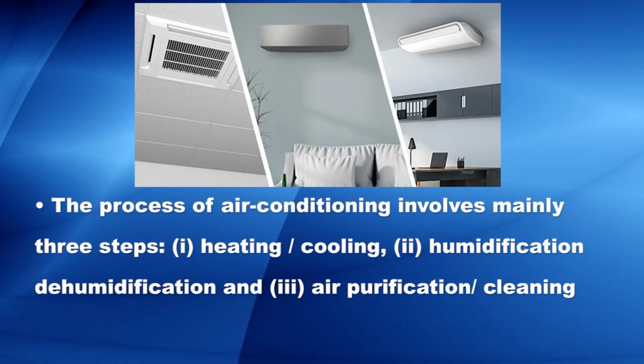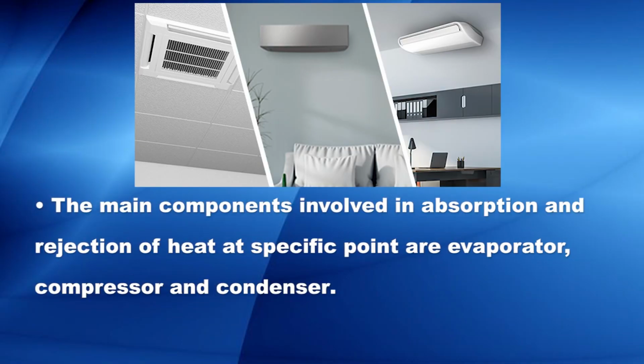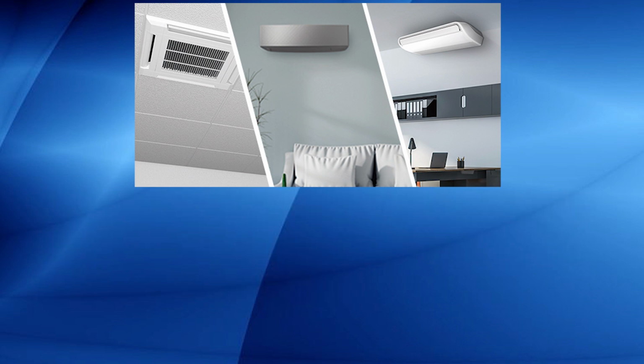The process of air conditioning involves mainly three steps: heating or cooling, humidification or dehumidification, and air purification or cleaning. The main components involved in absorption and rejection of heat at specific points are the evaporator, compressor, and condenser.